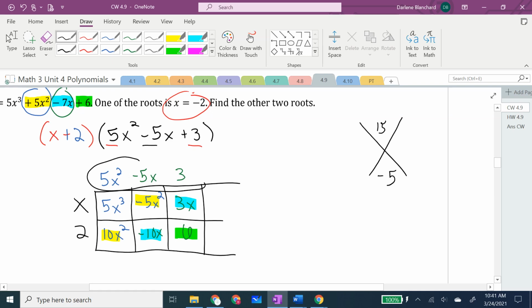So I'm looking for two numbers that multiply to make positive 15, but when I add them, I get a negative 5. That doesn't sound like something that we can do, does it? Are we forced into quadratic formula? We are forced into quadratic formula.